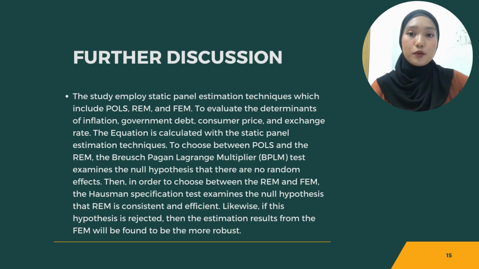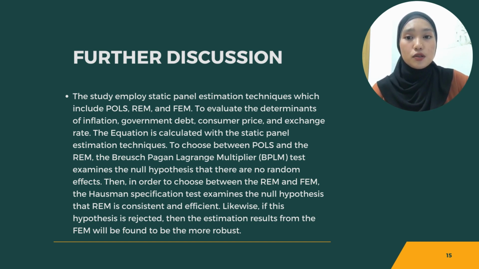The study employs static panel estimation techniques which include POLS, REM, and FEM to evaluate the determinants of inflation, government debt, consumer price, and exchange rate. The equation is calculated with the static panel estimation techniques. To choose between POLS and the REM, the Breusch-Pagan Lagrange multiplier BPLM test examines the null hypothesis that there are no random effects.